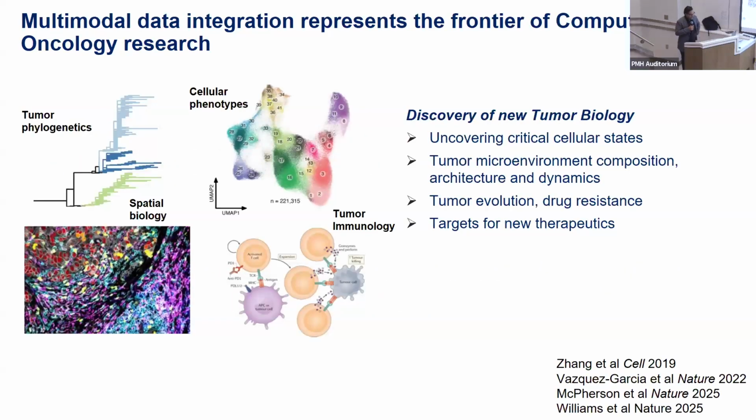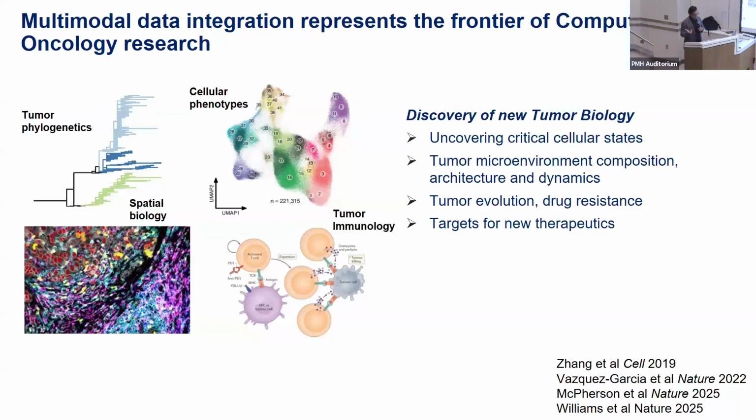Okay, now turning to the right-hand side of that overview slide, about discovering new tumor biology. I mentioned that the technology advances are really formidable and ferocious. With spatial transcriptomics, we can, in situ, measure the activity of tens of thousands of genes within one cell while the tissue is intact.